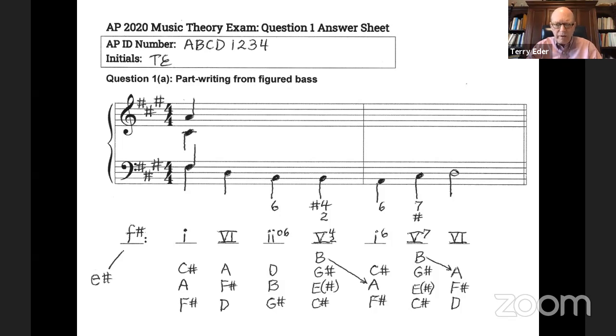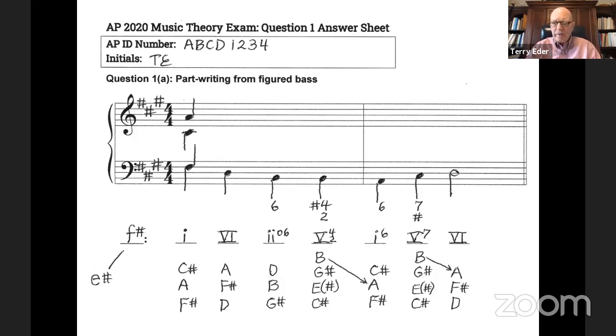And there's our 5, 4, 2, third inversion, dominant 7th chord. And then another first inversion chord. This is a 1 in first inversion, an F sharp, A, C sharp chord. And there's the root position dominant 7th leading to, oh, this is a deceptive cadence, isn't it? And so it goes to a 6 major chord instead of a 1 chord.